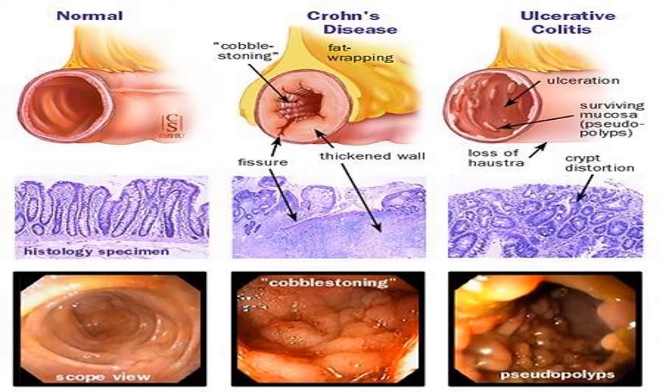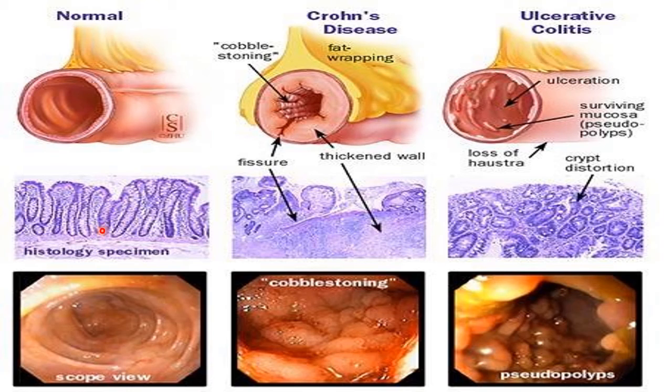In this picture, there are 3 columns, and they show the differences between Crohn's and ulcerative colitis. At the far left, this is the normal appearance or diagrammatic representation of the small bowel.